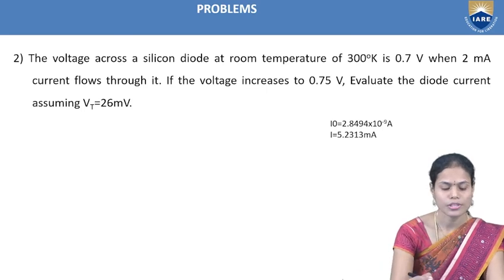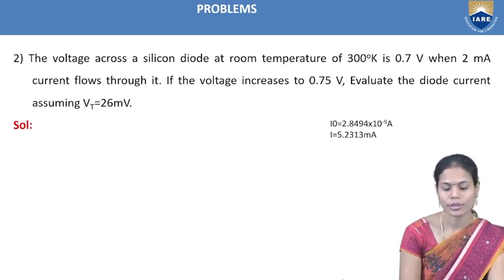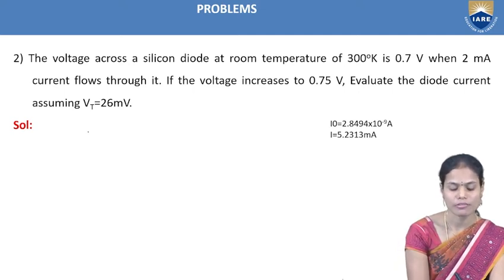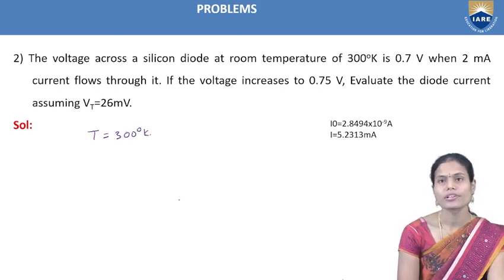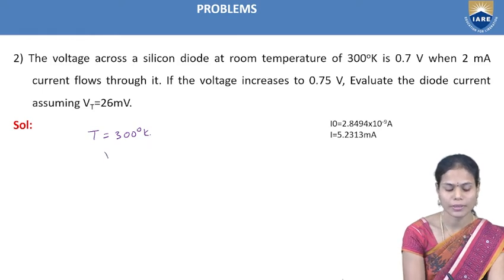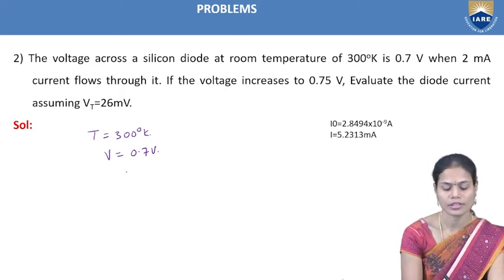The next problem is: the voltage across the silicon diode at room temperature of 300 degrees Kelvin is 0.7 volts, that is, the applied voltage is 0.7 volts, when 3 milliamps current flows through it, that is the forward current is 3 milliamps.